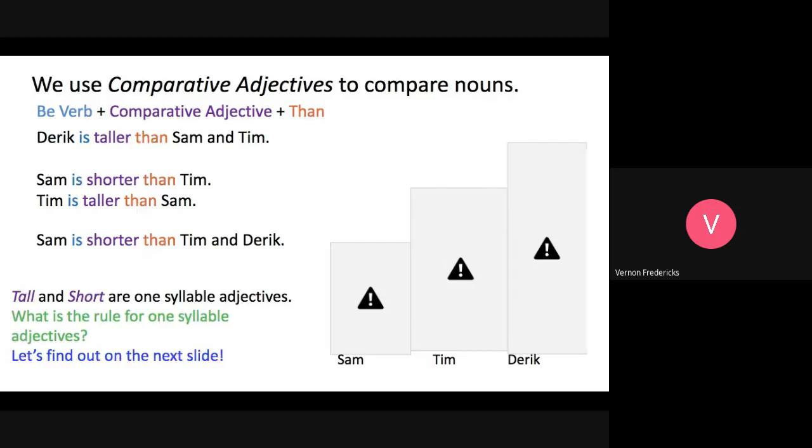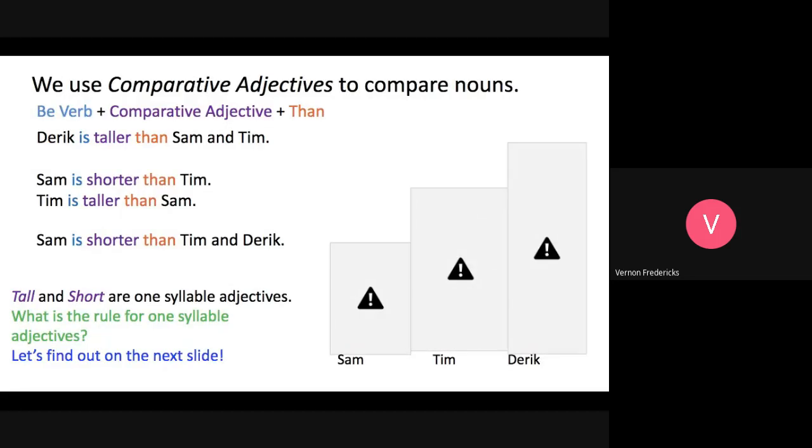Then we have than, and then we have the other two nouns, Sam and Tim. So we're comparing Derek to Sam and Tim. And we say Derek is taller than Sam and Tim.